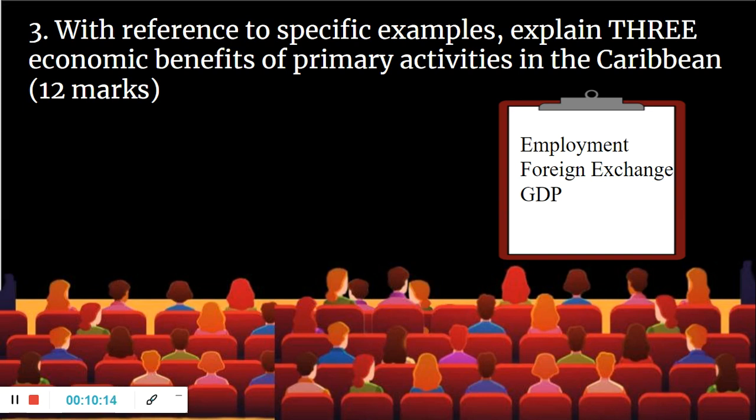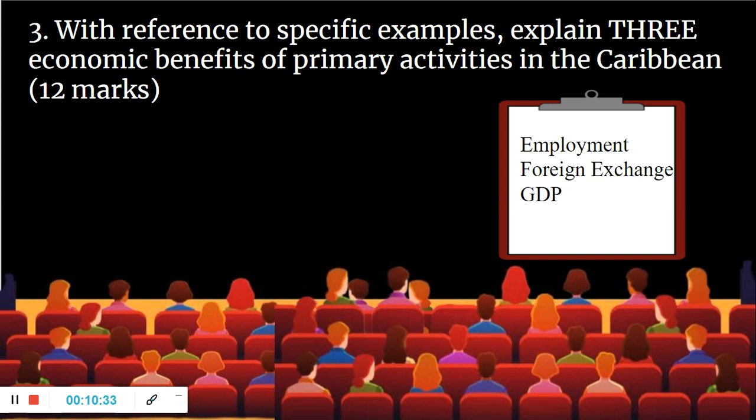And so they need to obtain these things from abroad, which they will need the foreign exchange in order to purchase. All right? So that's how you would develop on your point. You are explaining, you are giving reasons for what you are saying.